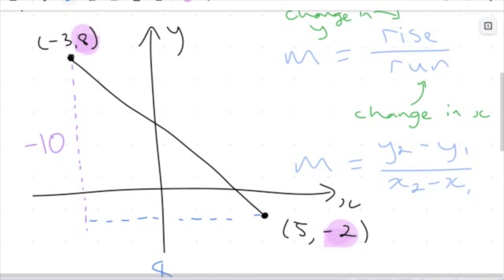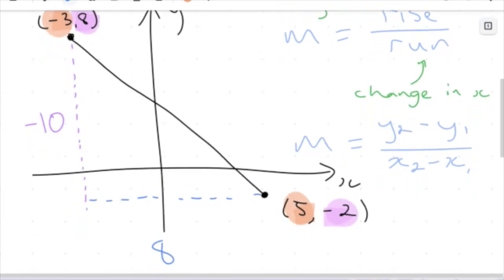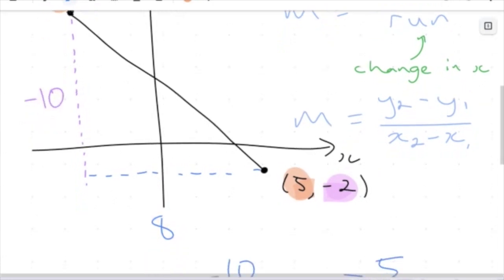The difference between this negative 2 and my 8. And the difference in x, my x2 minus x1, is just the difference between this thing here and this thing over here. And when we actually do that, when we subtract one from the other, we're going to get these values in. So let's just consider that.